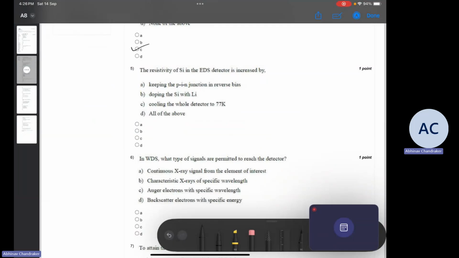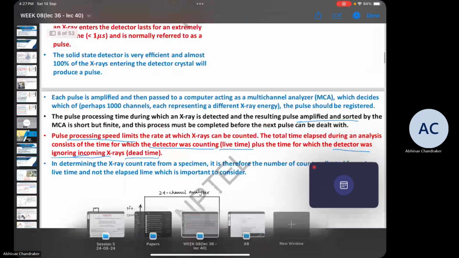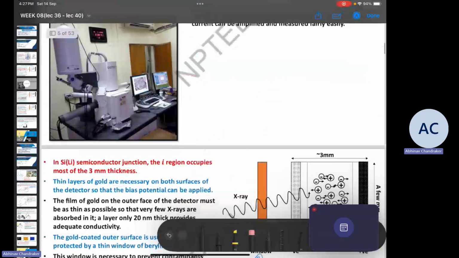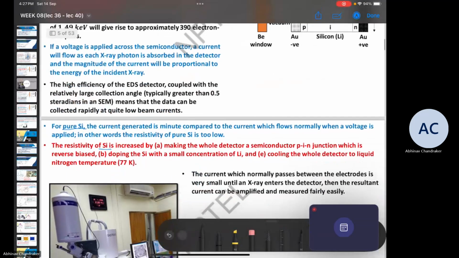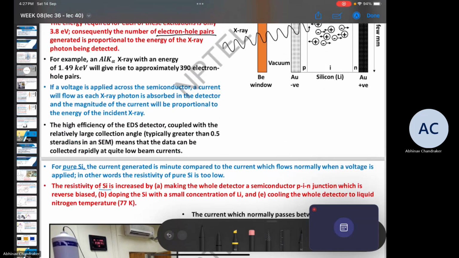The resistivity of Si in EDS detector is increased by. We also touched upon this in our lecture. So the resistivity can be increased by all three of these routes.